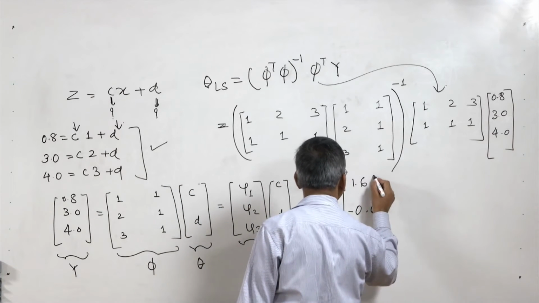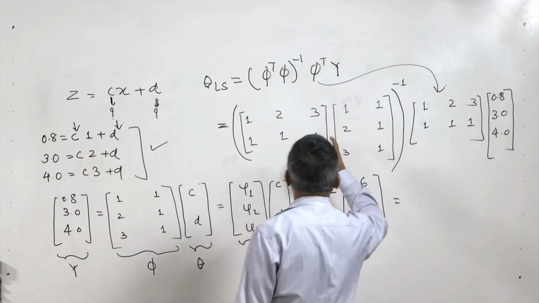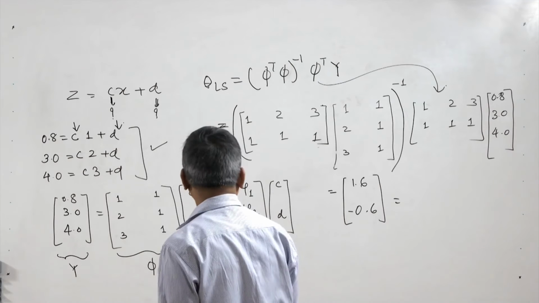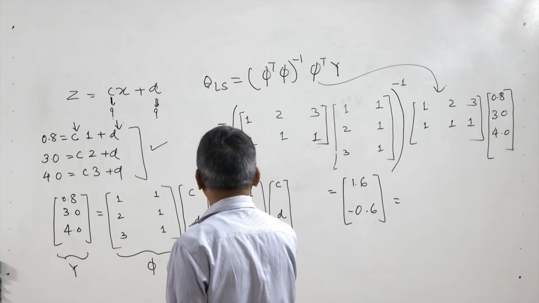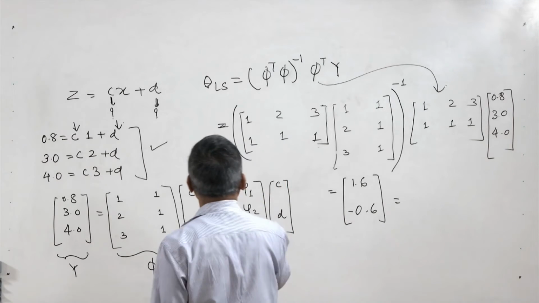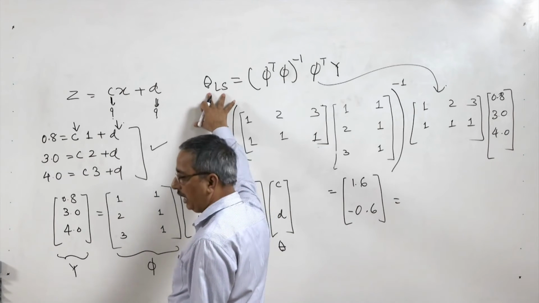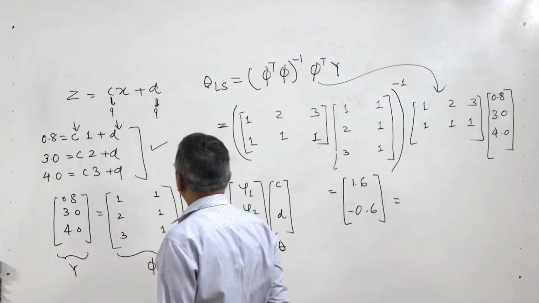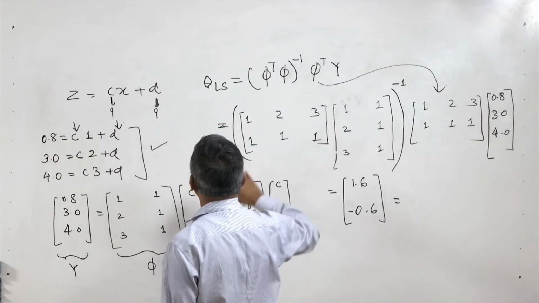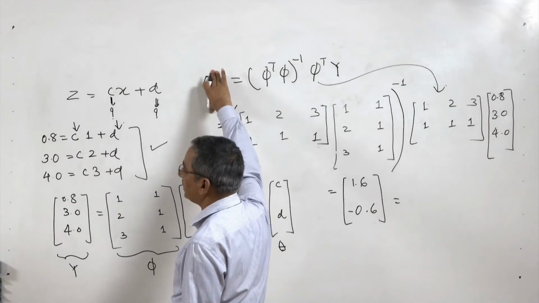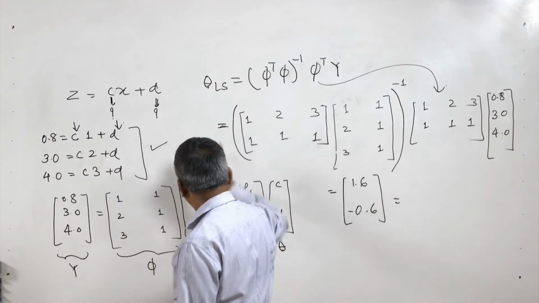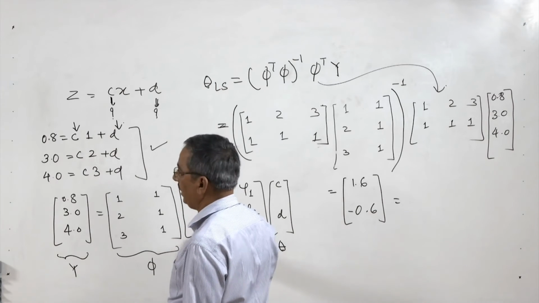I am not doing those calculations for you, it is a simple multiplication and inverse, so that you can work it out. And what I was telling you is that this theta LS is actually our unknown values, in which we are interested. We are trying to estimate these theta values, and this theta is basically the C and D values.